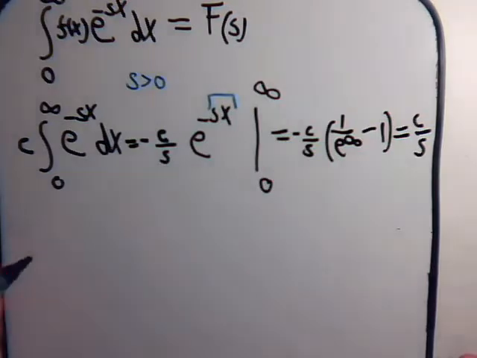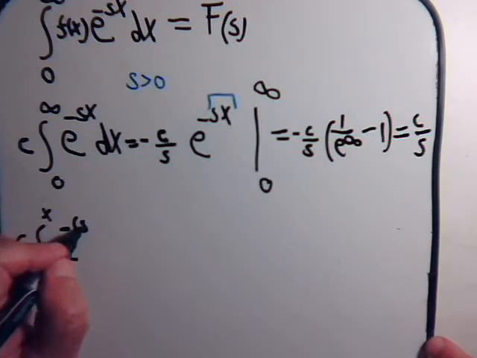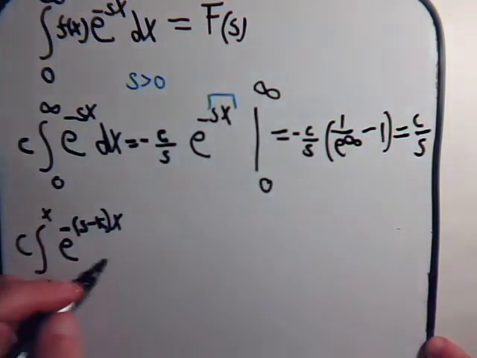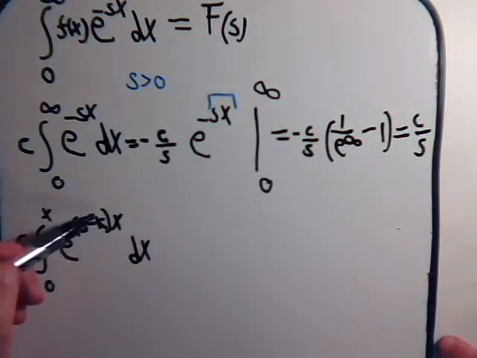We had, it could be multiplied by c, that's fine. And we have e to the minus (s minus k) times x dx, where k is just another constant.